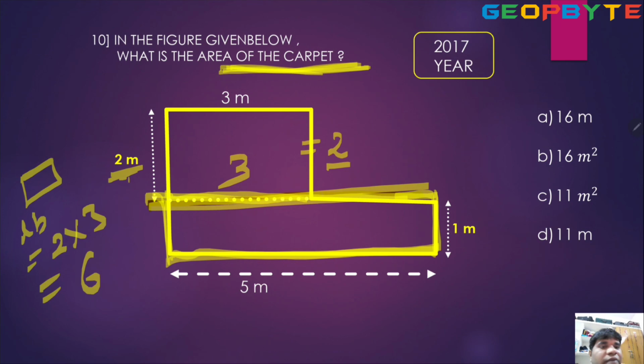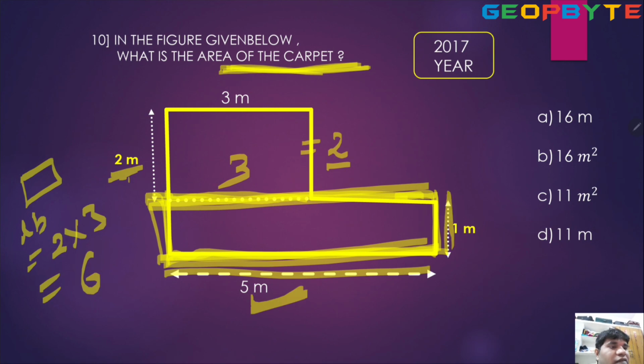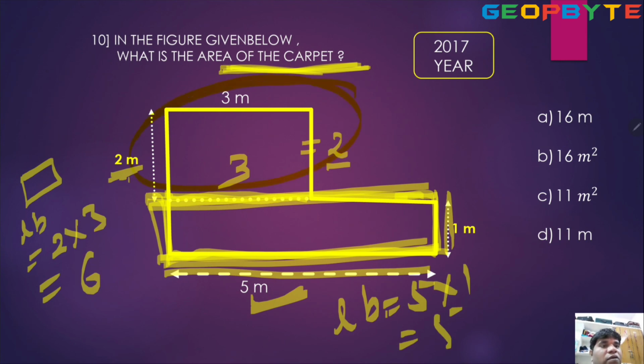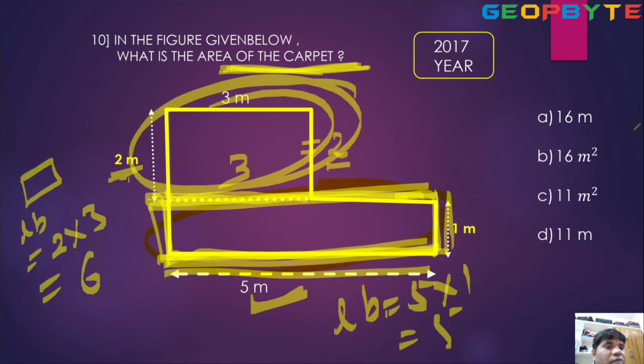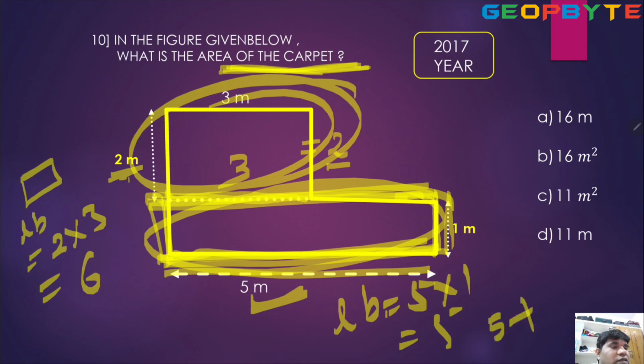Length is 5 meter. Here breadth 1 meter. What is the area now? 5 into 1. So 5. So top box area plus bottom box area. So 5 plus 6, that is 11.